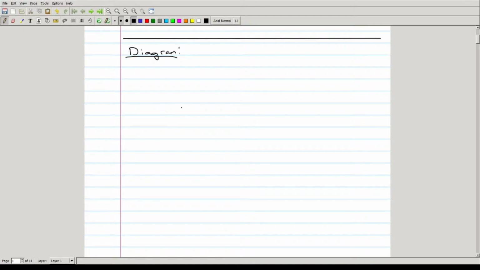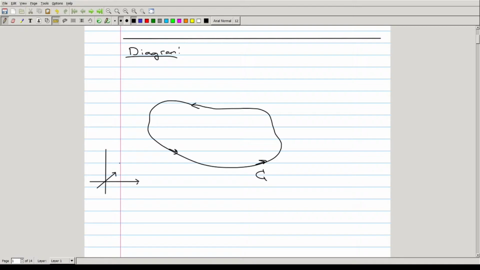So let's consider that we have some curve in three-dimensional space that's oriented in the counterclockwise direction, or oriented in some specific direction, and this is in three-dimensional space. And attached to that curve, we have some surface in three-dimensional space, S.